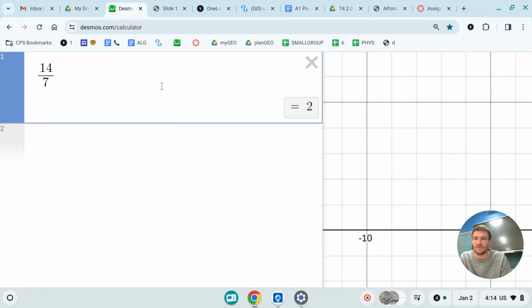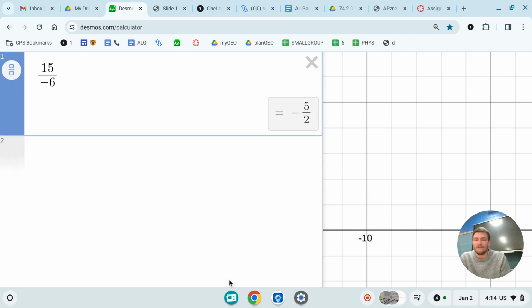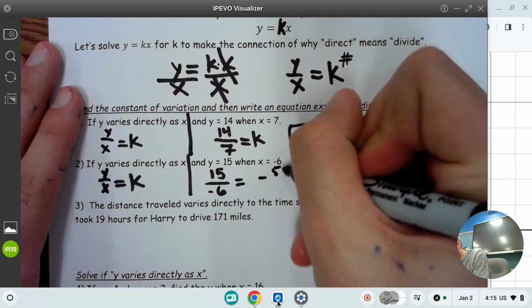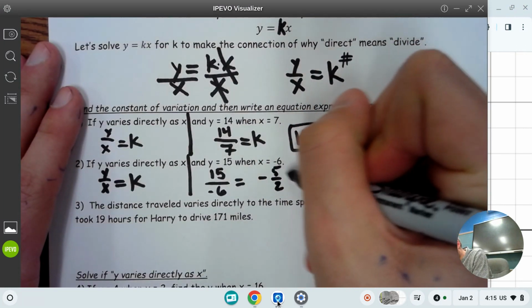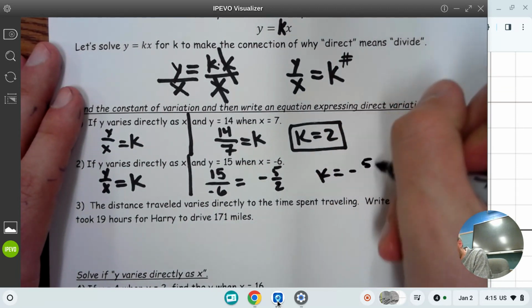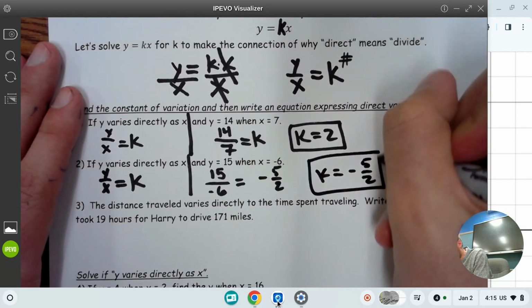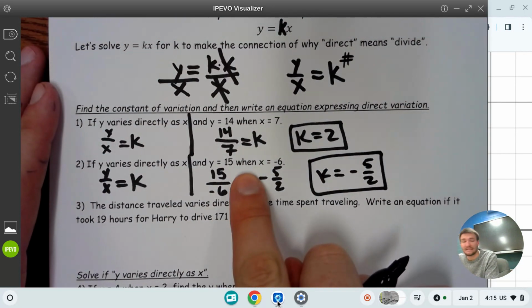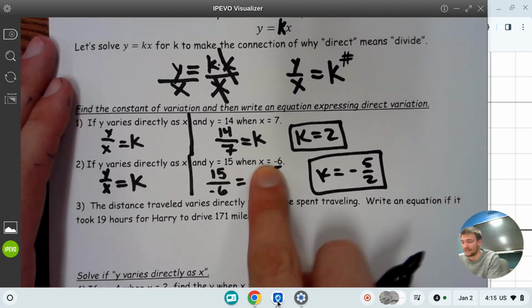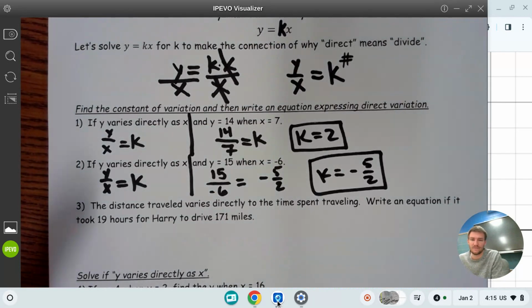We're going to go to Desmos and type in 15 divided by negative 6. And we're going to make it a fraction, negative 5 halves. So, k equals negative 5 halves. Basically, just take the two numbers and divide them. It's very easy, honestly. Direct means divide, so divide them.